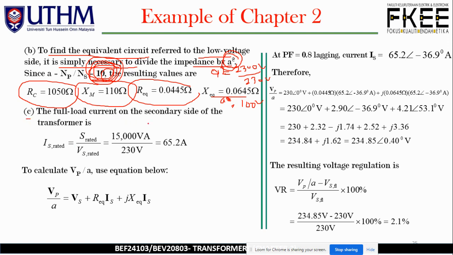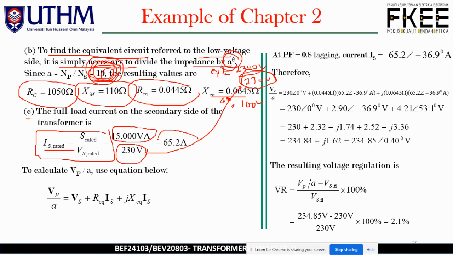And the full load current on the secondary side of the transformer is IS rated equal to S rated over VS rated. This is again from the question, 15 kVA. VS rated is on the secondary side of the transformer, the voltage ratio here, 230 volt, and I believe this is provided in the question. Finally giving IS rated equal to 65.2 ampere. And from there to calculate VP over a, use the equation below.